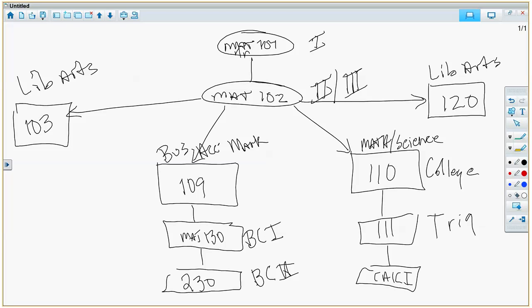But what happens with those business people is they're not 150% sure that they're going to get a job, so they change their major because they're not sure, okay? So let's say that 10 people go in the business marketing route. Probably 2 of them are family business marketing accounting people. In other words, they've got a job.